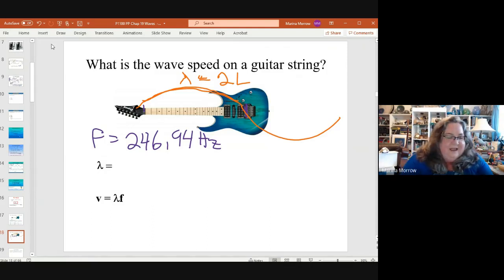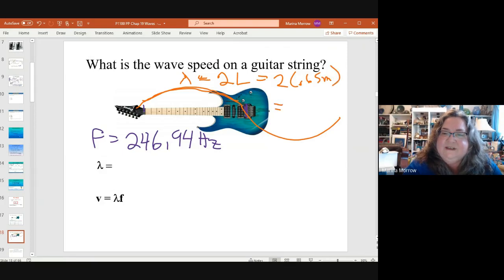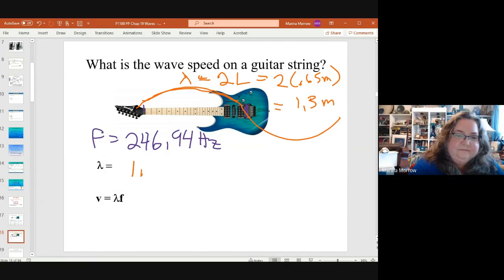Okay, so since the length is 65 centimeters, or 0.65 meters, I'm going to have 2 times that, which is 1.3 meters for the wavelength. And now we can figure out what the velocity is.